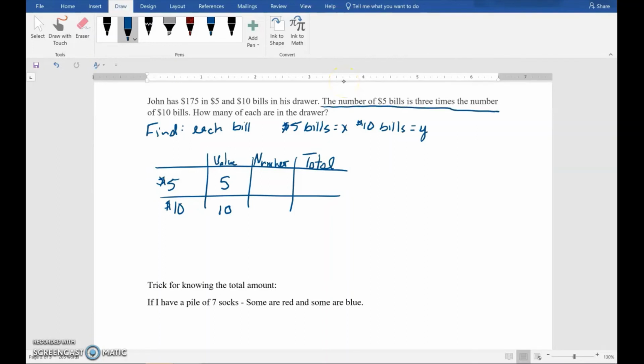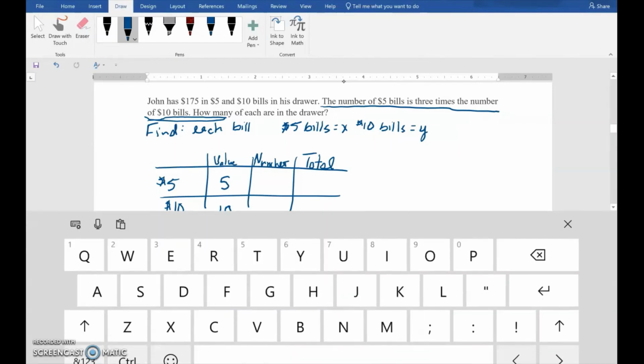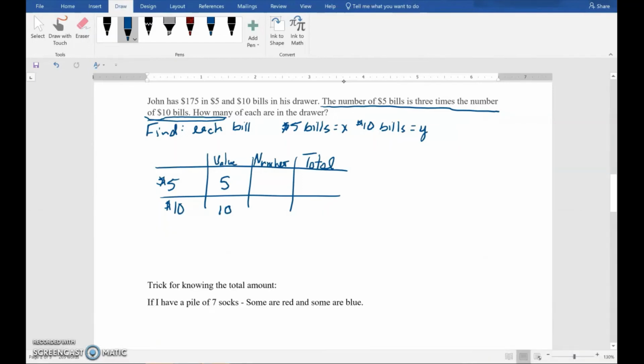The number of $5 bills is 3 times the number of $10 bills. So if we use our keywords, the number of $5 bills, which we say is X, is, so an equal sign, 3 times the number of $10 bills.